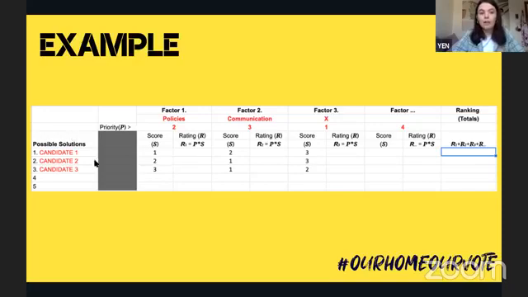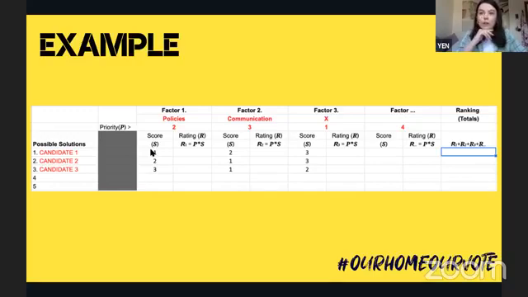So for example, in the very, very first column, we have policies. That has been the factor that I identified as something that was important to me. And I said hypothetically that candidate 1 did really, really well. 1 is always the best. So 1 is the best factor and 1 is the best in terms of the rating. So if they did really, really well on the really good policies that align well with what I believe in, then I'm going to give them a 1 because they did very, very well.